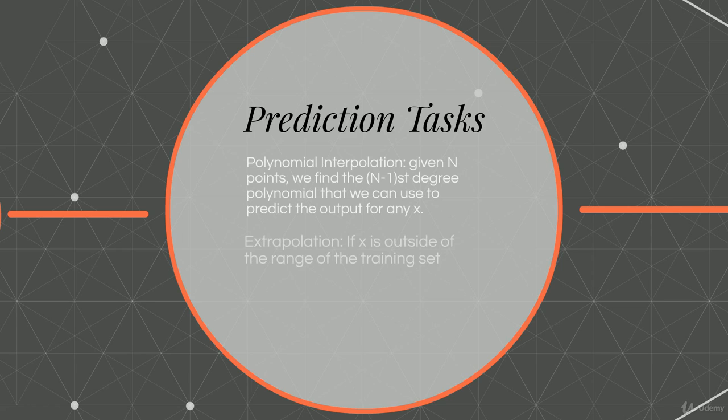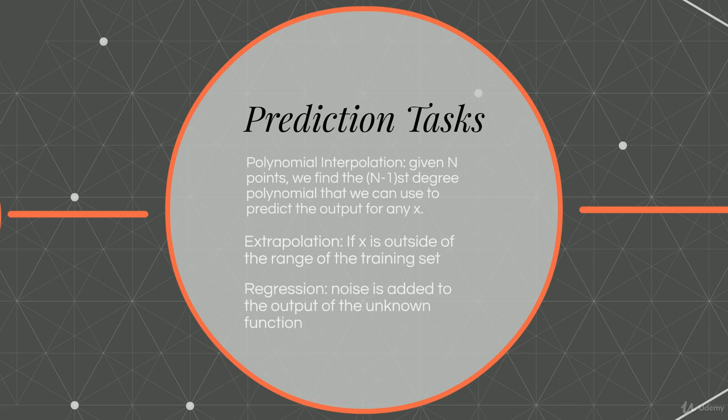We can also have extrapolation, where x is outside of the range of the x in the training set. In a time series prediction, for example, we have data up to the present and we want to predict the value for the future. For example, if we were looking at stock trends, we'd want to know what the stock was doing in the future, not based off the past training data, and this would be called extrapolation.